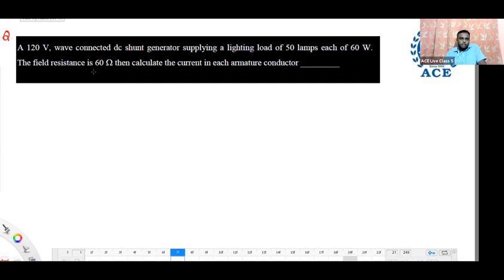The field resistance is 60 ohms. Then calculate the current in each armature conductor. Try this first. Two minutes time, try it first.